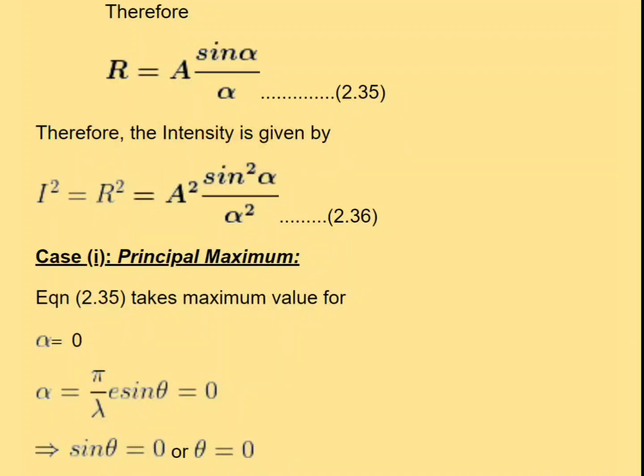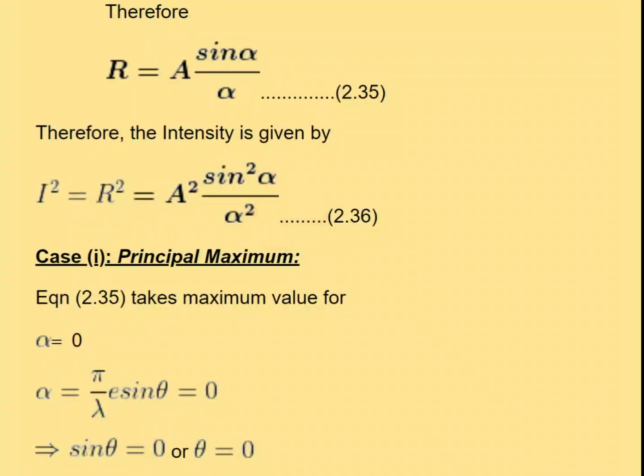Since the relation between intensity and amplitude is that intensity is equal to the square of the amplitude, I is equal to R square, that is A square sin square alpha by alpha square.